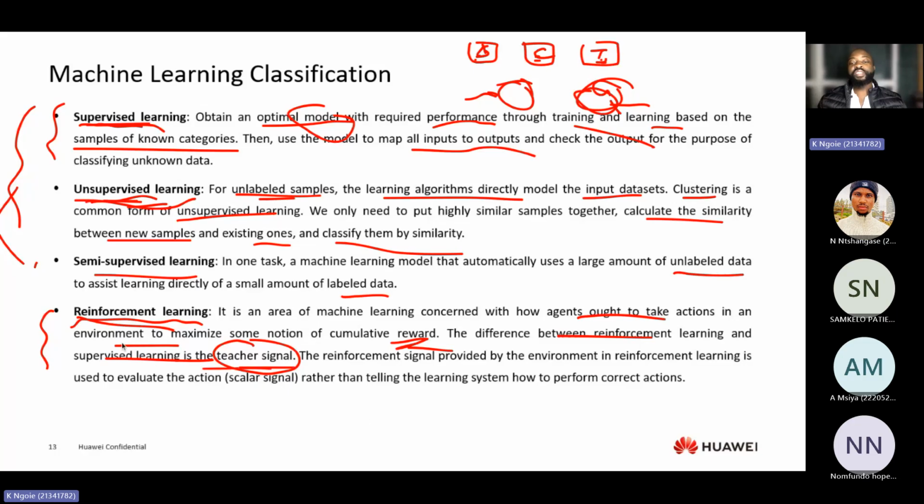So we introduce a system of reward and punishment. In the case of dogs, cats, and tigers, instead of telling the machine that this is a dog, we'll let the machine predict.